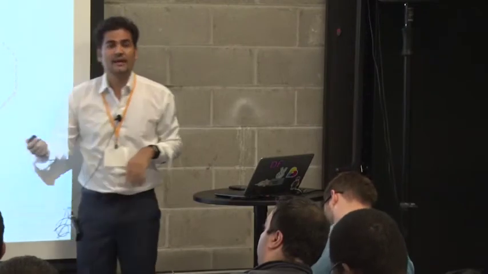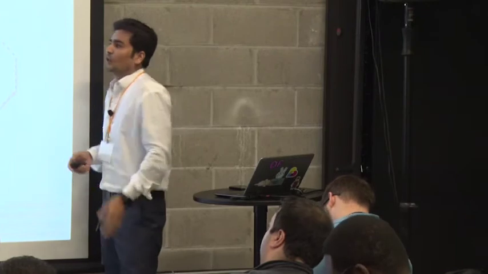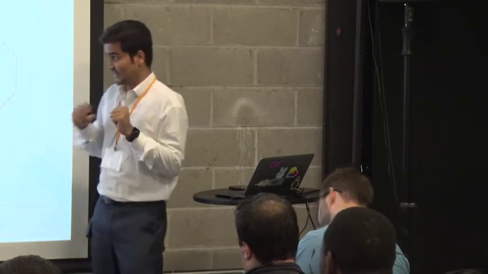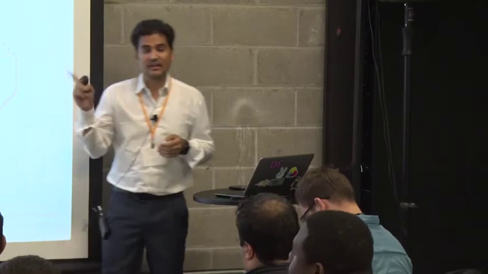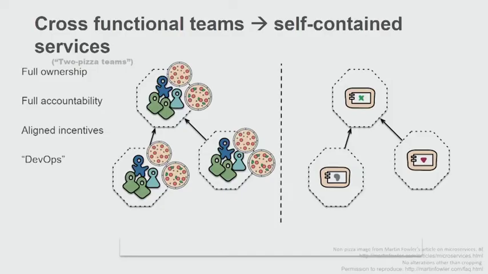So we come to the Amazon terminology. We have this concept of two pizza teams. I'm pretty sure you must have heard by now. So a service is as many people who can be fed by two pizzas. That's the idea there. So it's smaller teams. Full accountability, that is critical. Right from the requirements to designing, to developing, to deploying, to user experience, to stability, to supporting, it's the same team.